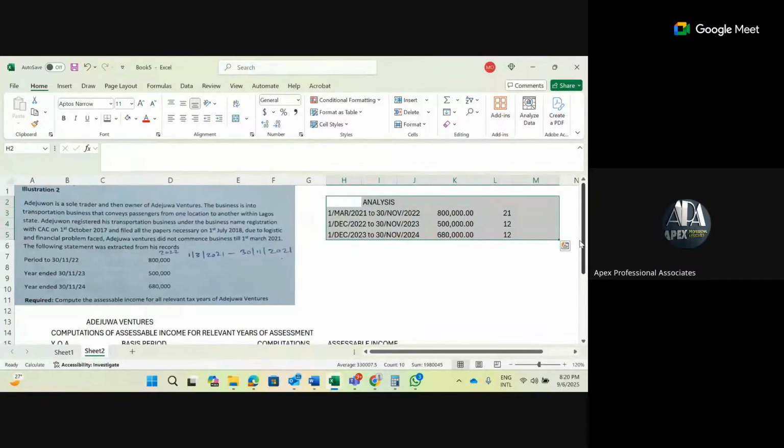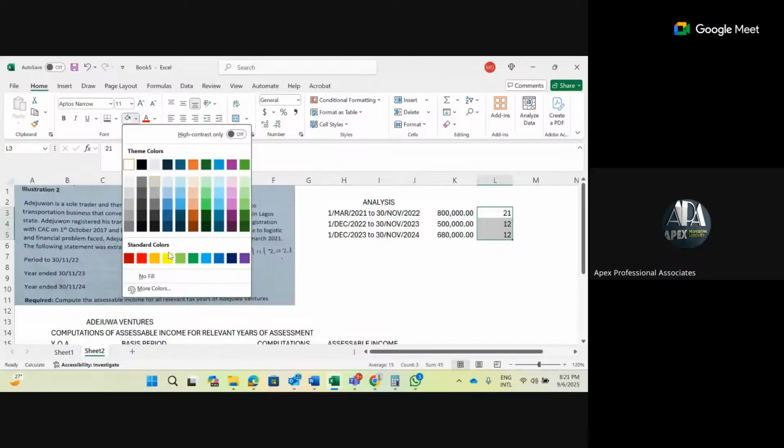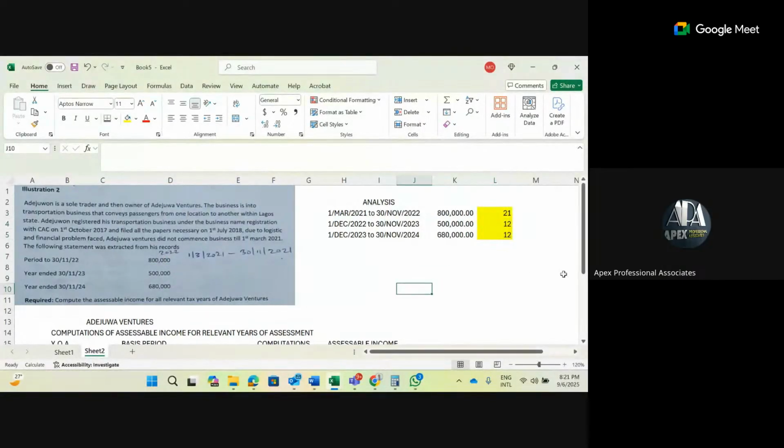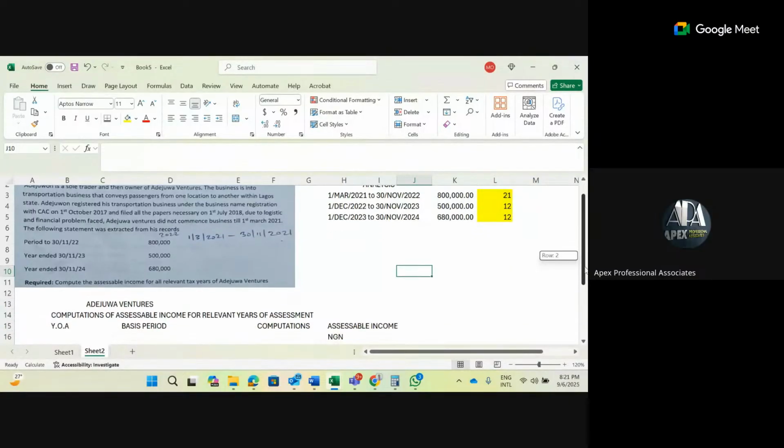But the profits they gave to you in this question, they put period to 30th of November 2022. And I told us that anywhere you see period to, that means the number of months in the basis period is not up to 12 or is more than 12 months. So what is the usefulness of this 12 months that we wrote here? When we want to do proration, we are going to make use of it so that we are not going to be making mistakes.